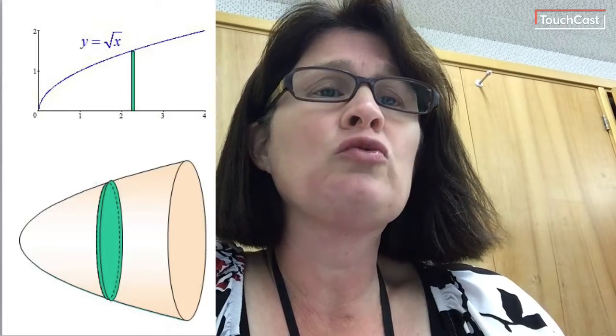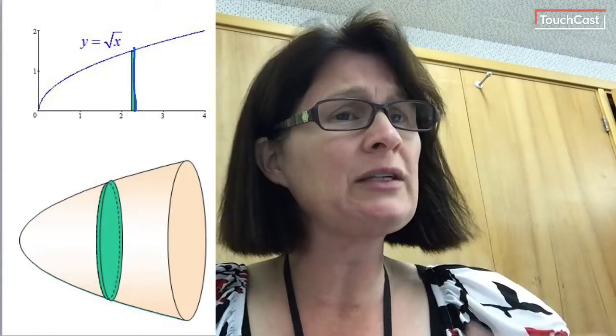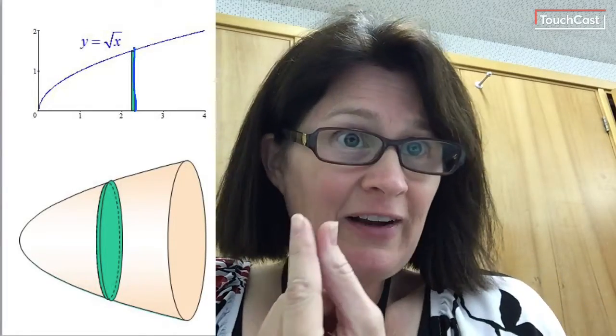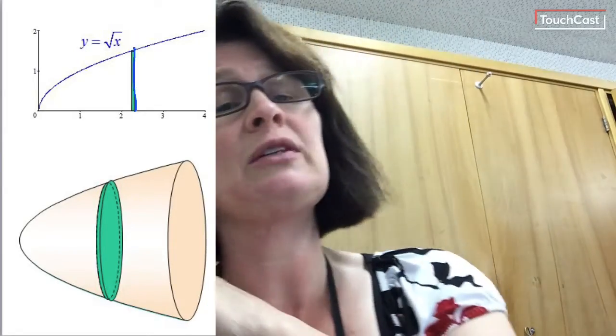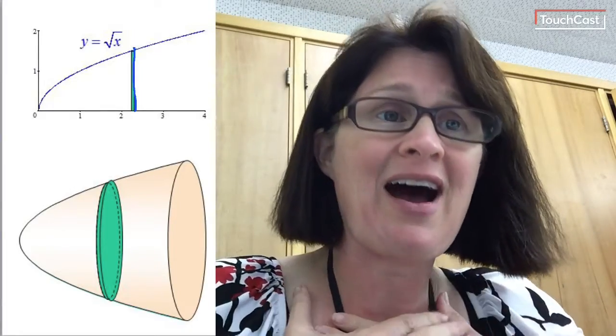So that green segment here, I can think of as a radius. And then when I see the whole picture and I draw this circle, a very thin cylinder, I can get a better idea of what my slice looks like, and I can make sure I'm using the right variable for the thickness, and that helps me. So I'm going to show you how I make that picture, and I hope it's helpful to you.